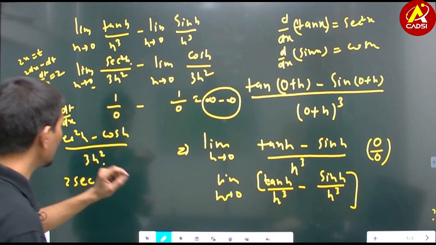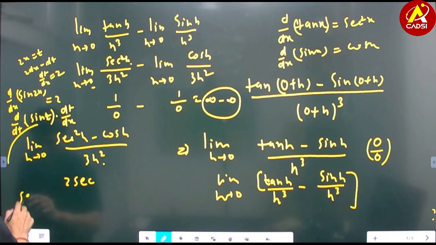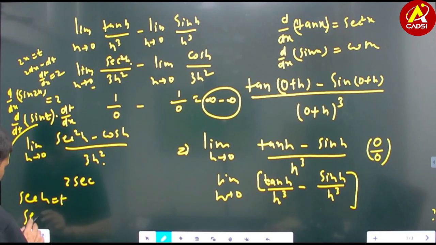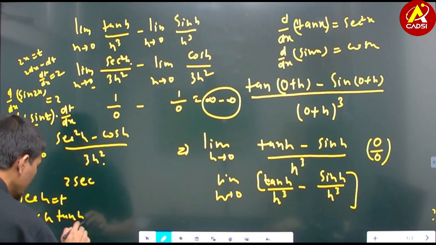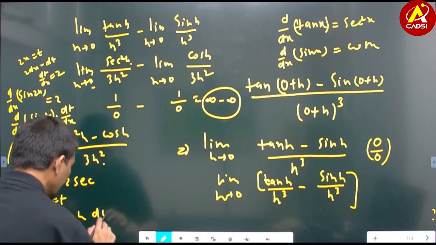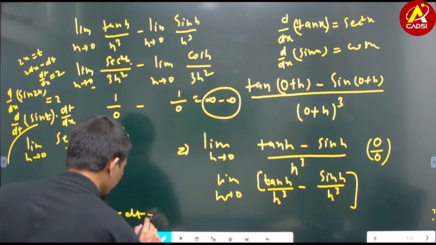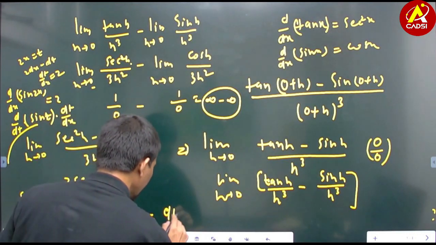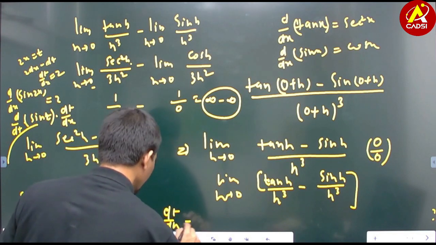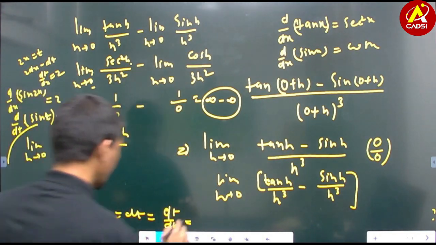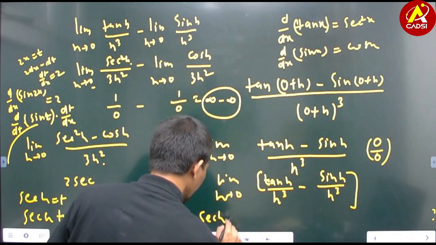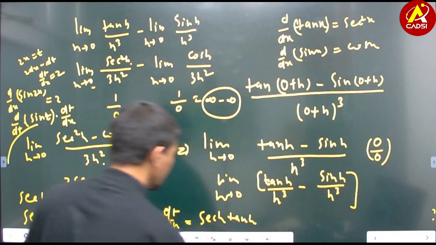Sec h is equal to t, so sec h tan h dh equals dt, which means dt upon dh is nothing but sec h tan h.